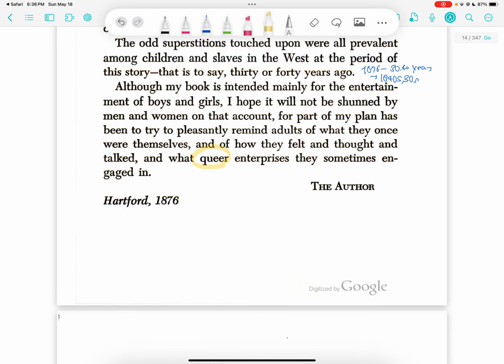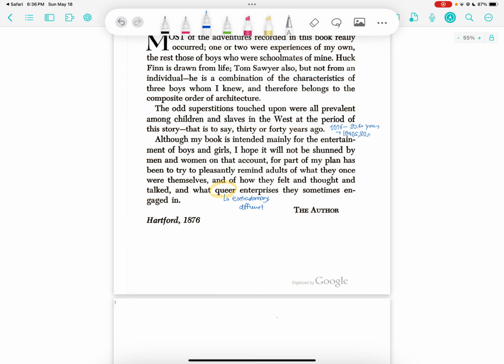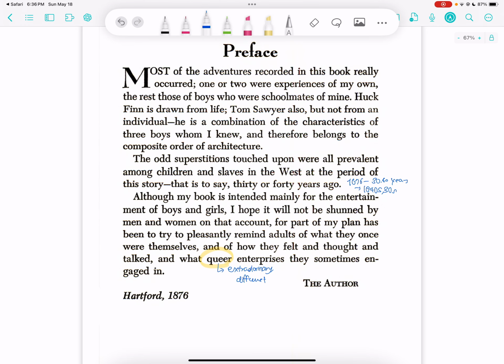Throughout these kinds of novels, especially those written in the 1800s, queer does not mean the LGBTQ community, but refers to something extraordinary and different. Often it was used in a negative, derogatory manner, but I don't think it is necessarily too negative in this case, just something to point out.